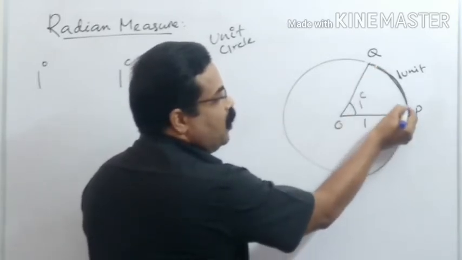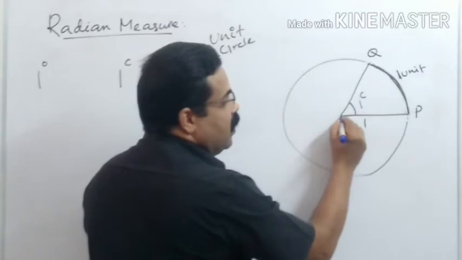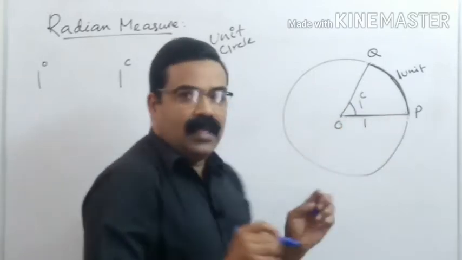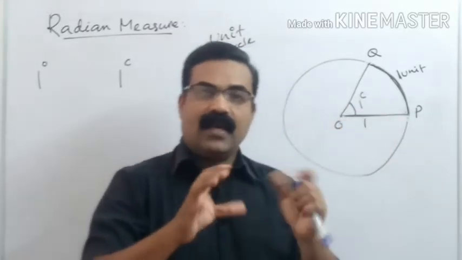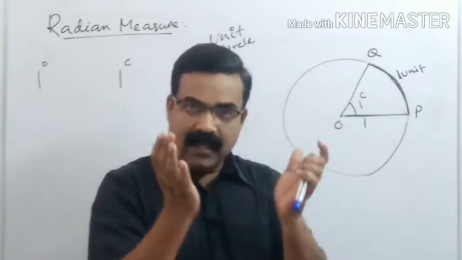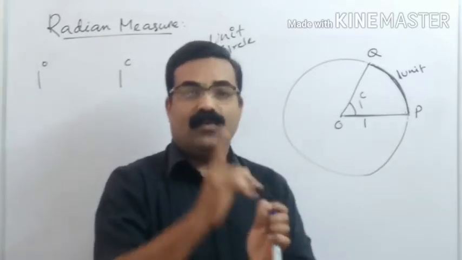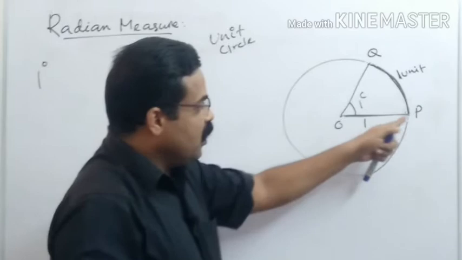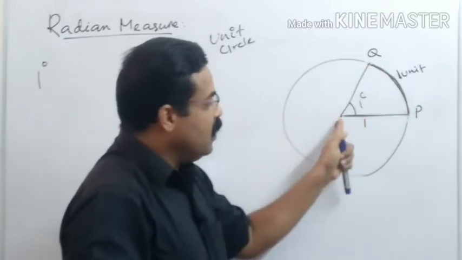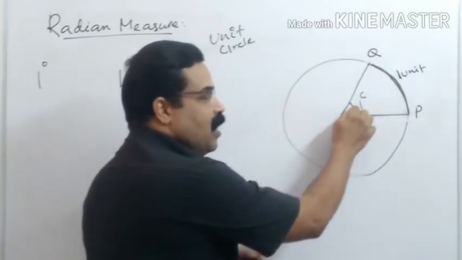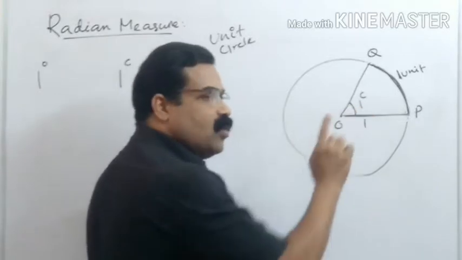The length from P to Q is also 1 unit. If you take the radius and arc length equal, then the angle subtended at the center is called 1 radian.